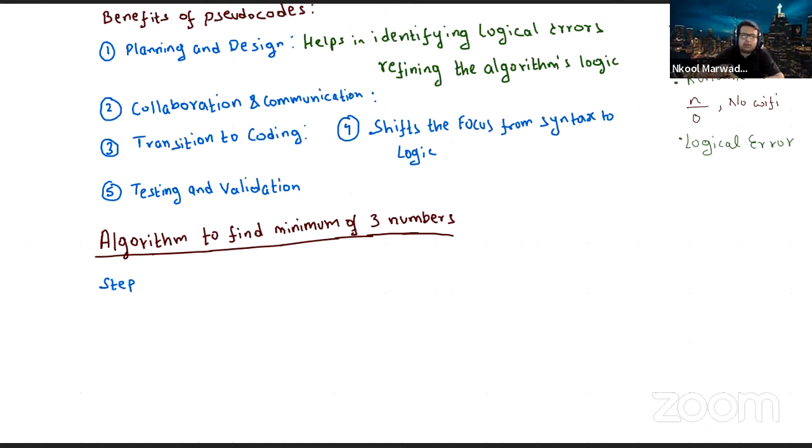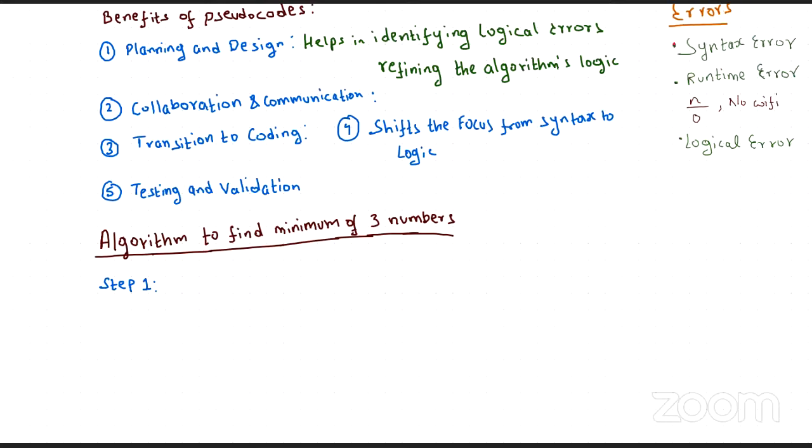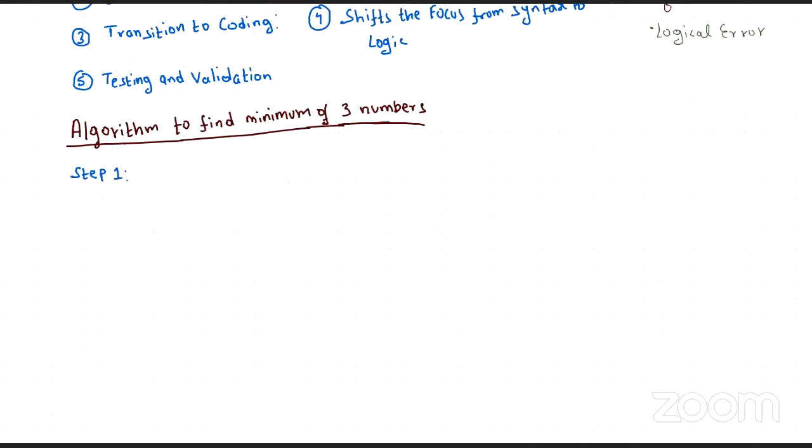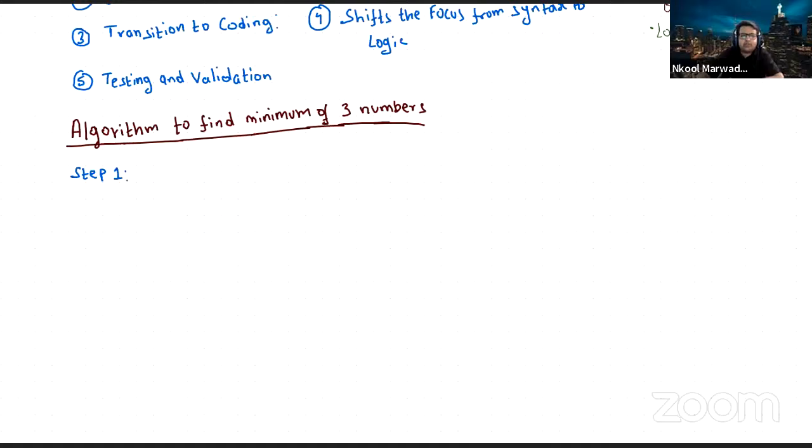Now we will write the algorithm in very layman terms. Layman means only English we will use, so that anybody can understand. Just to give you a demonstration.